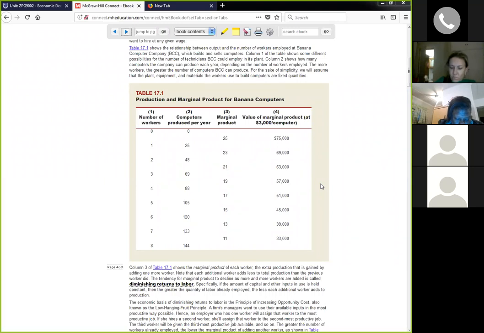So if the wage is 51,000, I will employ 5 workers. If the wage increases to 63,000, I will only employ 3 workers. So that's the demand curve. It's derived from the marginal product. If wages increase, companies will demand less labor.